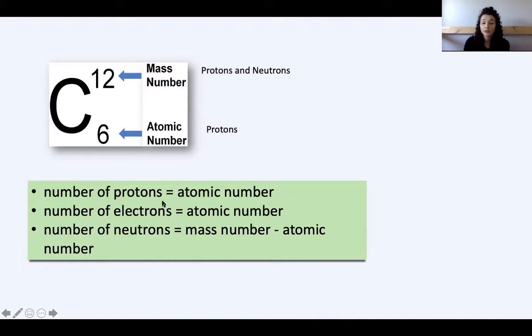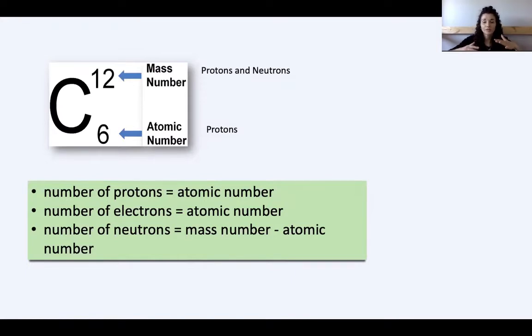So the number of protons, that's the easy one. That's just the atomic number. The number of electrons is always the same as the atomic number, unless the atom has bonded with something else or unless it's become an ion. The atomic number will always be the number of protons and the number of electrons.